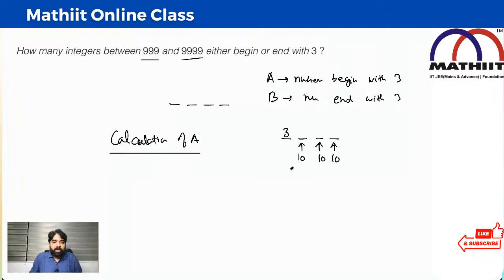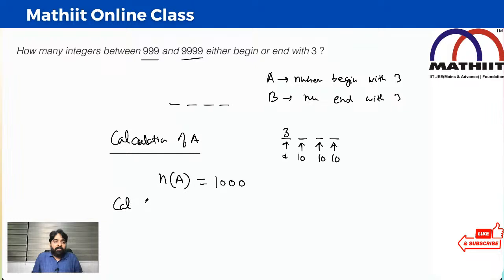Yes or no? So the number of ways to do the job A, this is the symbol I am writing. n(A) means number of ways to do job A will be equal to, this place can be filled by only one way, because I'm counting those numbers which start with the 3. So 3 can come, this is the only one way 3 can be placed here. So that will be equal to 1 into 10 into 10 into 10, means 1000.